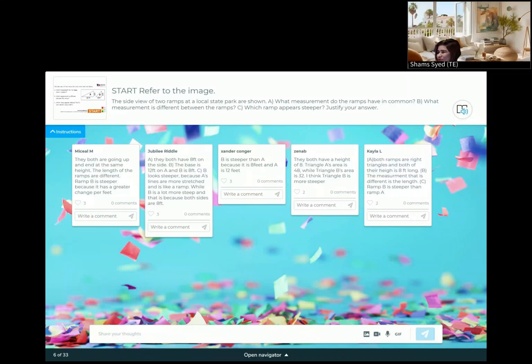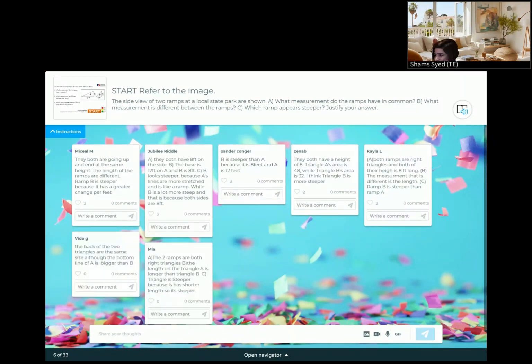Vida says, what does the question mean by steep? What does the question mean by steep? George, I'm waiting to read your response. Sean Carlo, Caitlin, Kai, what does the question mean by steep?